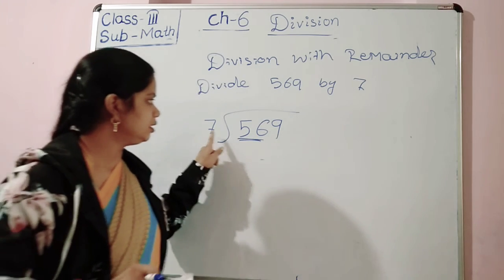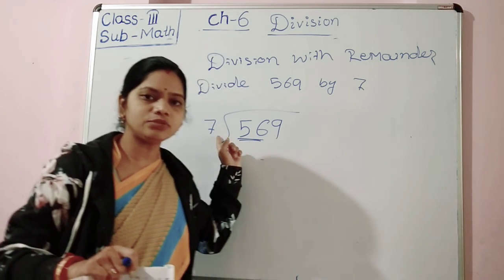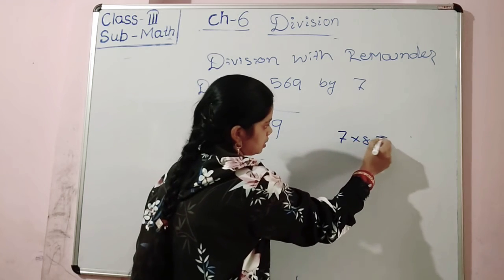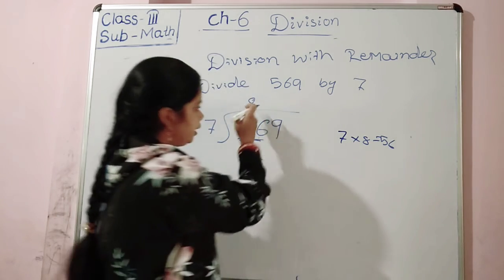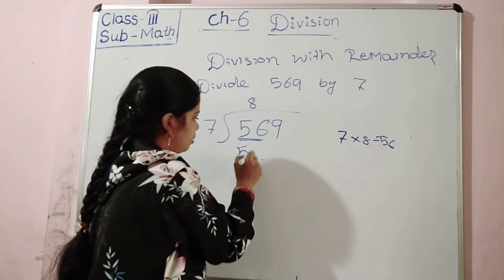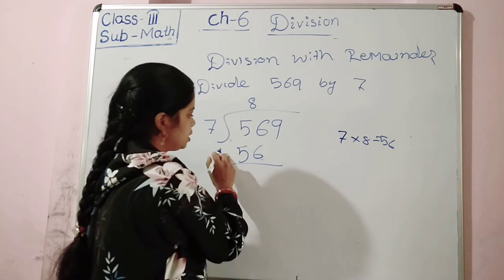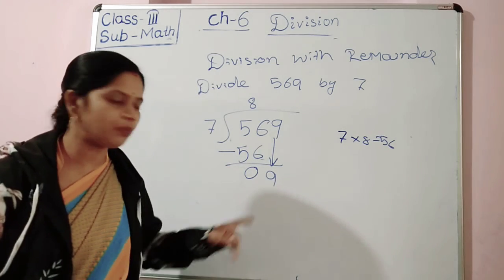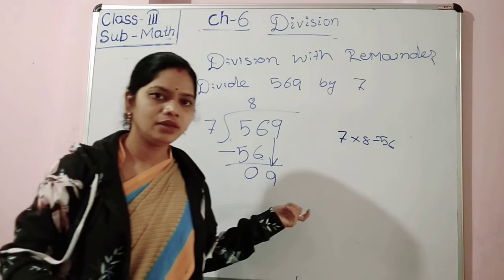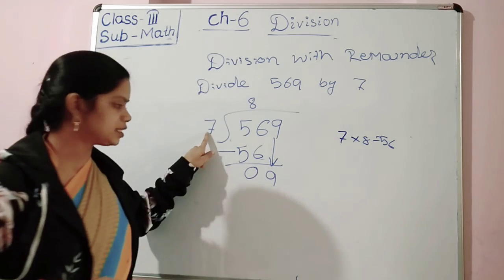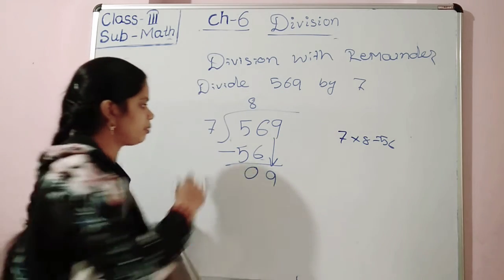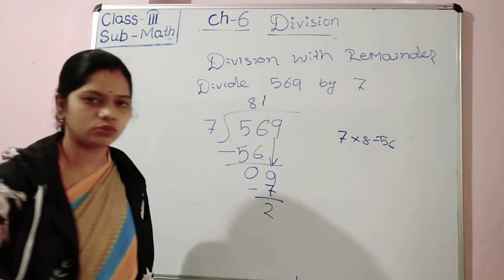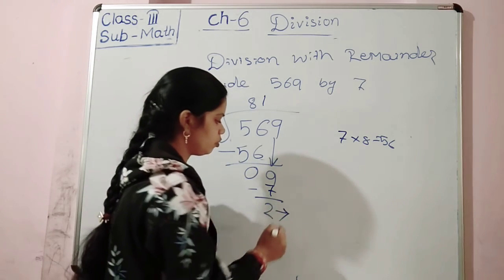How many times is 7 going into 56? Yes, all of you know 7 8s are 56. Here you put 8 in the quotient. 56 minus 56 is 0 and 9 comes down. Count the table of 7 where we get 9. No. The number less than 9 is 7 1s are 7. 9 minus 7 is 2. Here the remainder is 2.